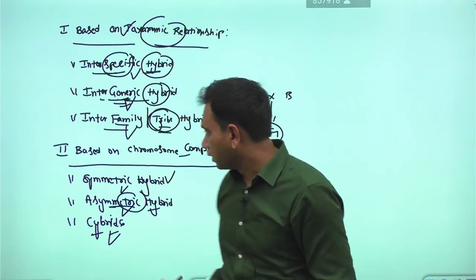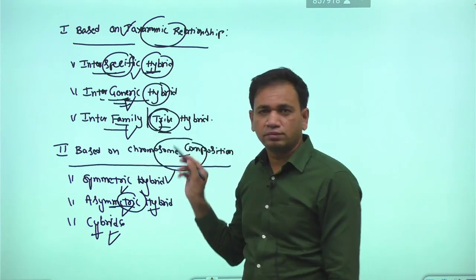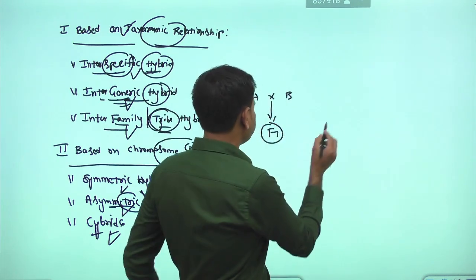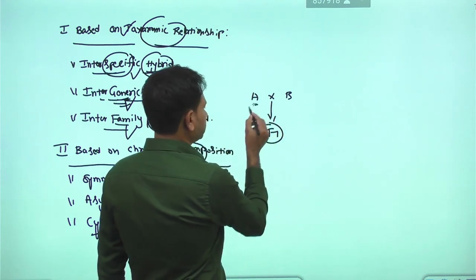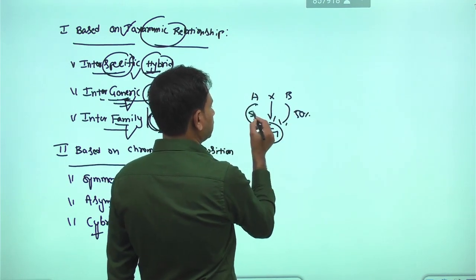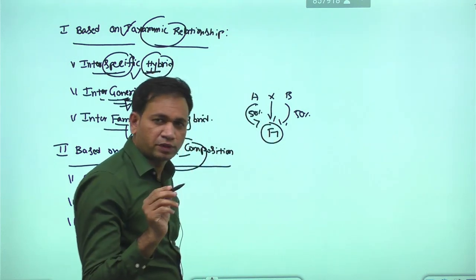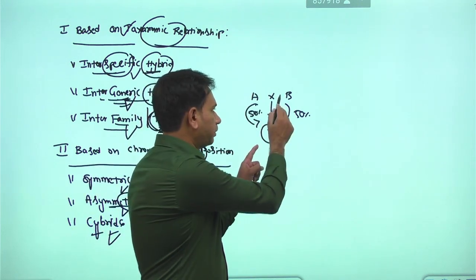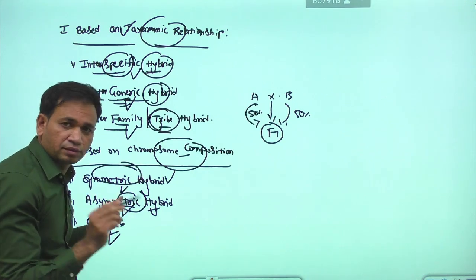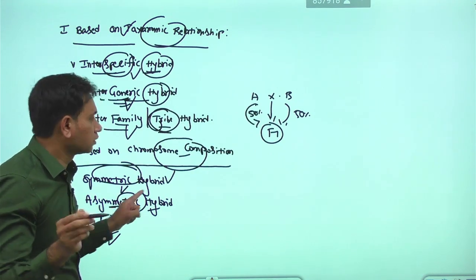Another one is based on the chromosome composition. Based on the chromosome composition, right? In the case of the symmetric hybrid, there is an equal contribution of nucleus plus cytoplasm inherited from both parents to the progeny, with equal chromosome composition.